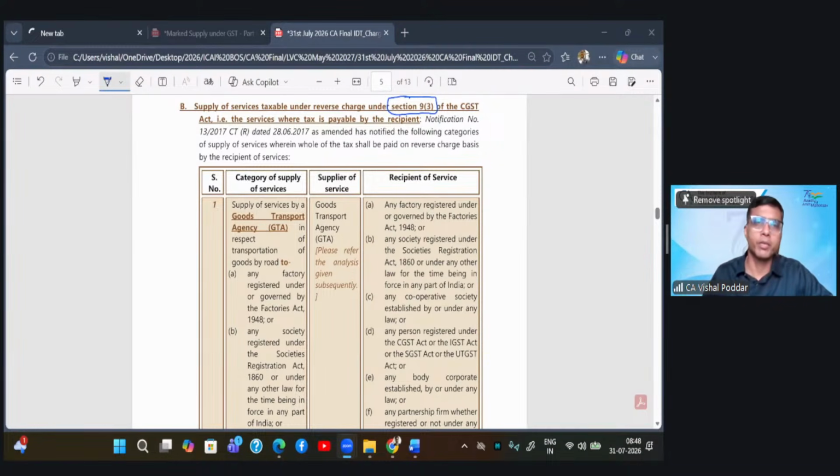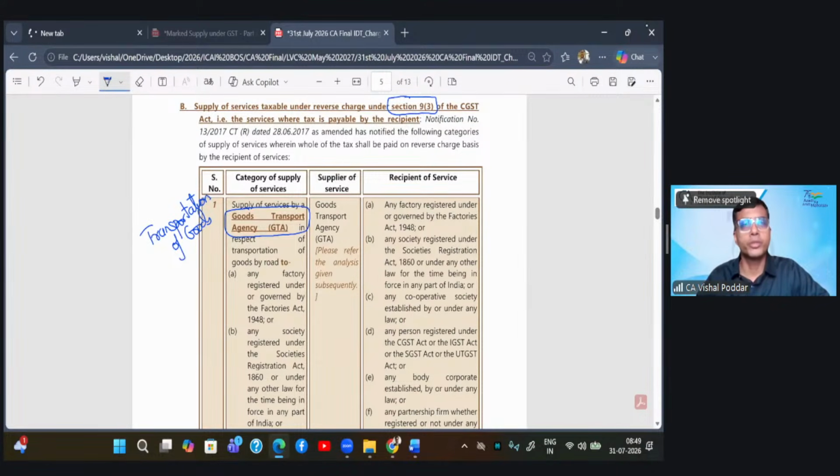Now, the first service which is covered under RCM is Goods Transport Agency, which is called GTA. So simply, if I have to put it in your simple words, wherever you are doing goods transportation, see, there are two types of transportation, goods transport and passenger transport.